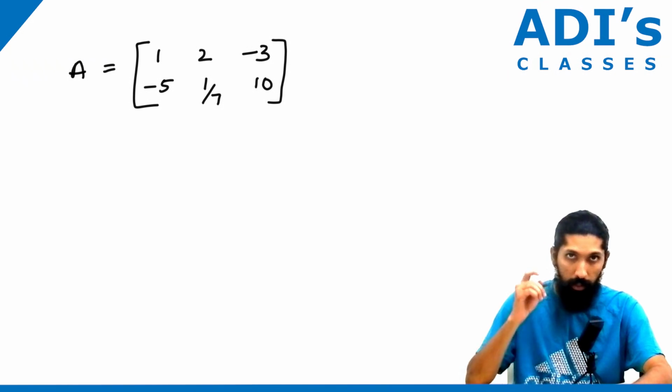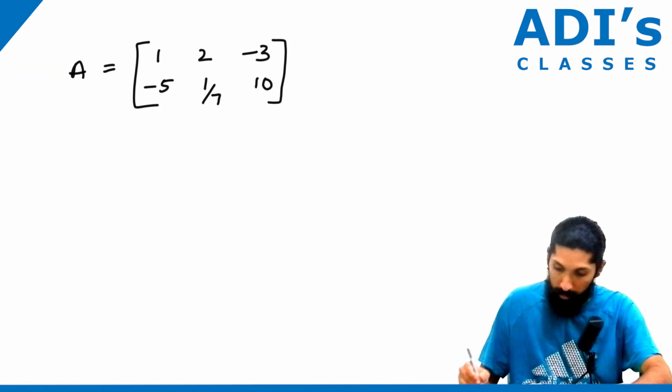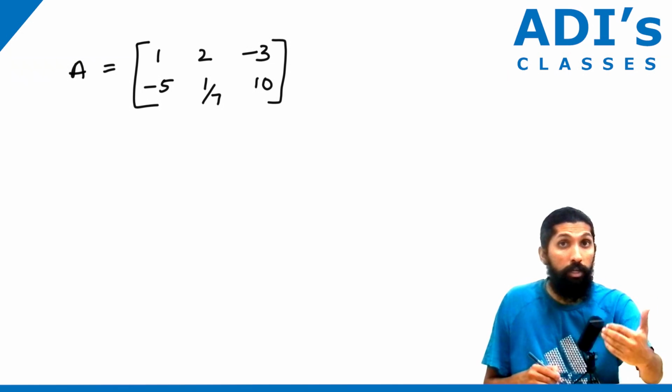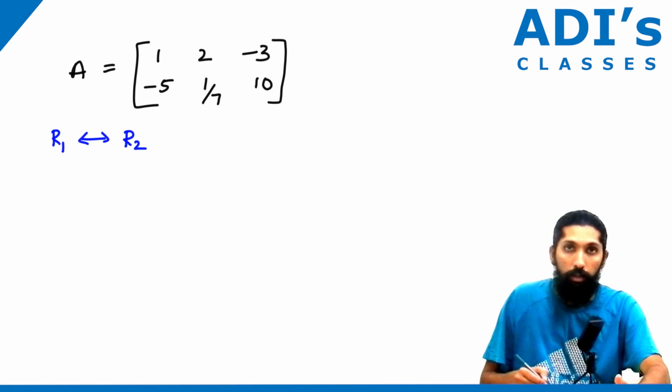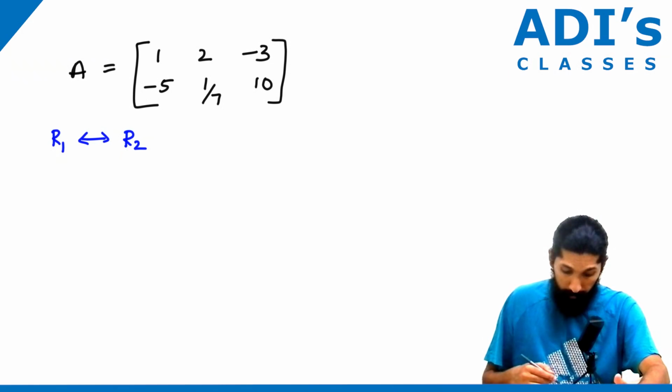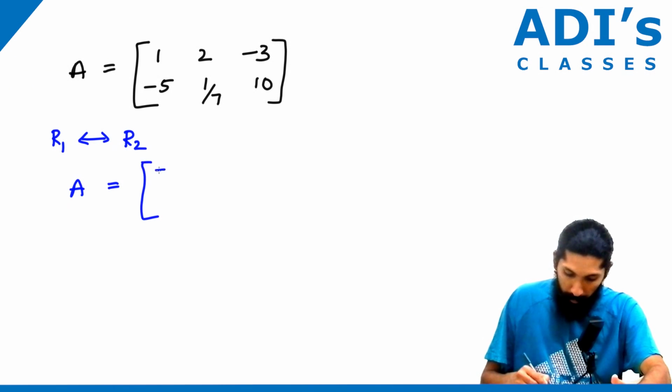The first type of row transformation you can understand here is exchange of the rows. That is, we can write R1 is exchanging with R2. So when you do the row exchange, matrix A becomes minus 5, 1 by 7 and 10, 1, 2, minus 3.